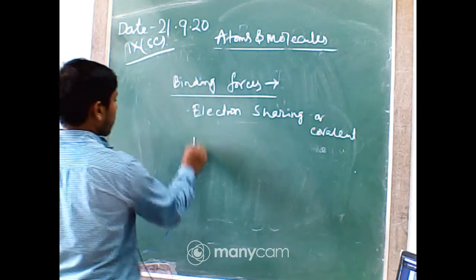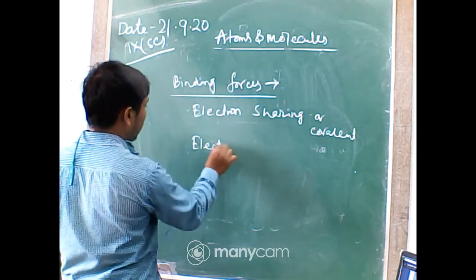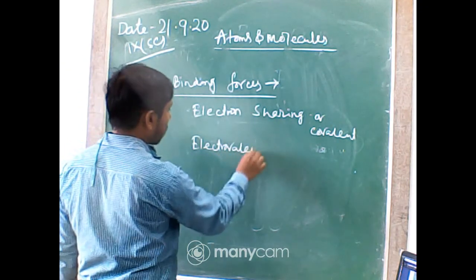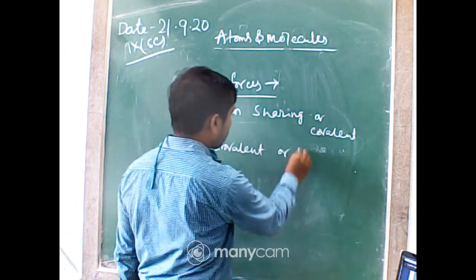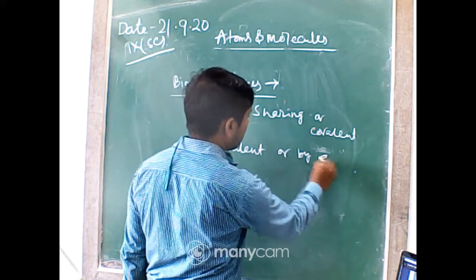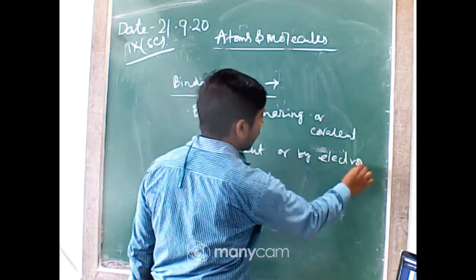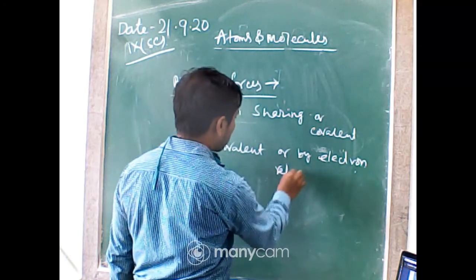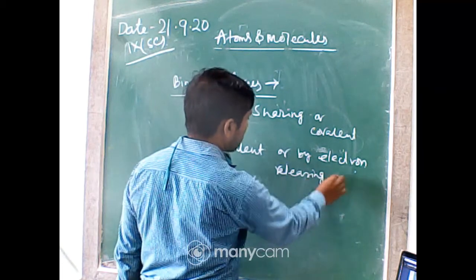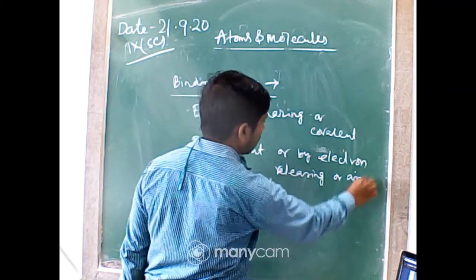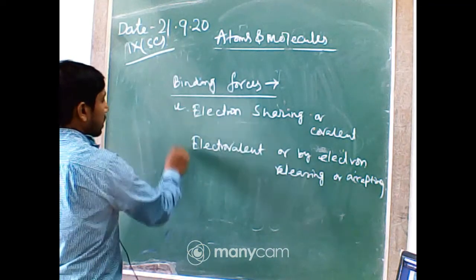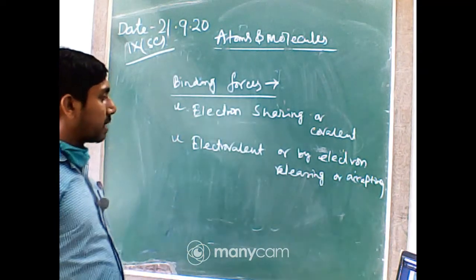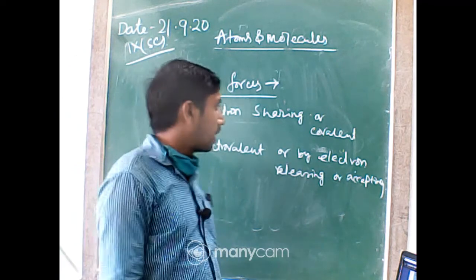Another one is electrovalent, by electron releasing or accepting. So electron sharing, and the next one by accepting electrons or releasing electrons.